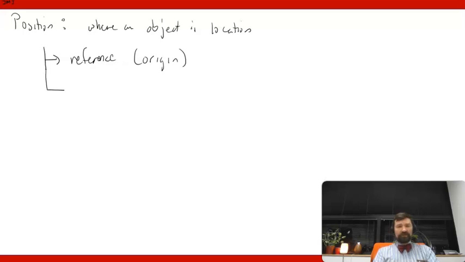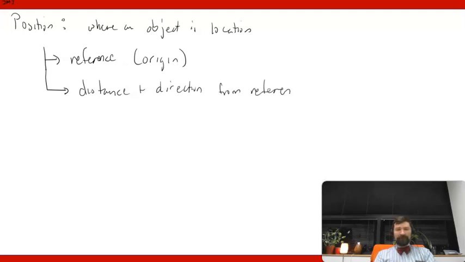And you need essentially a position relative to that reference point. So distance plus direction from the origin or reference to the object, and that's it. That defines position for us.